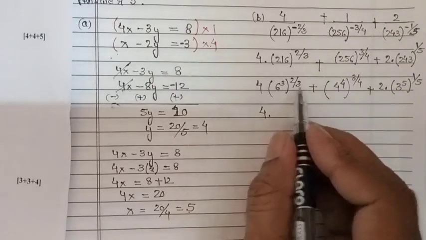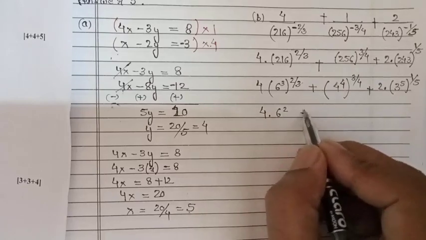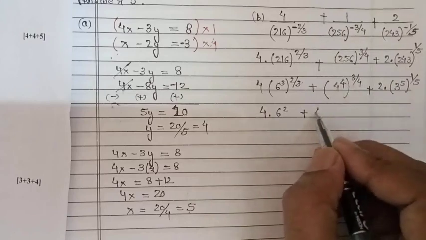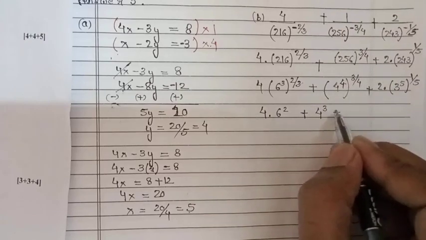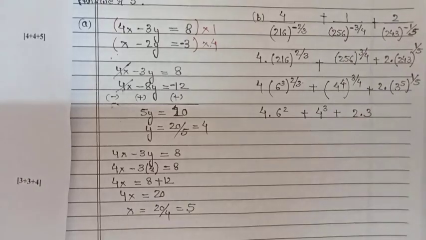Now when you open the bracket, this 3 and 3 will cancel, and you will get 6 square. Here you open the bracket, 4 and 4 will cancel out, so 4 raised to power of 3. In this one, 5 and 5 will cancel, so 3 raised to power of 1.